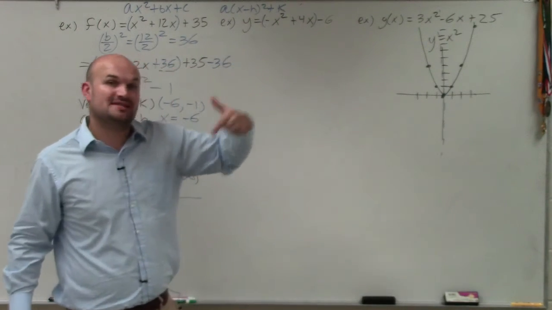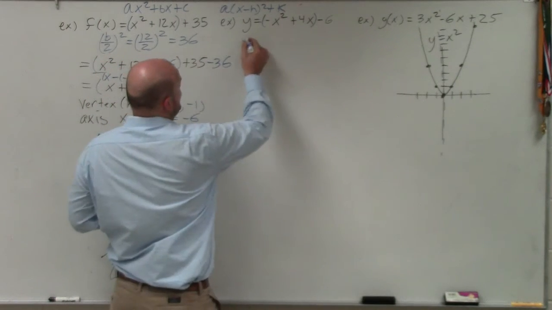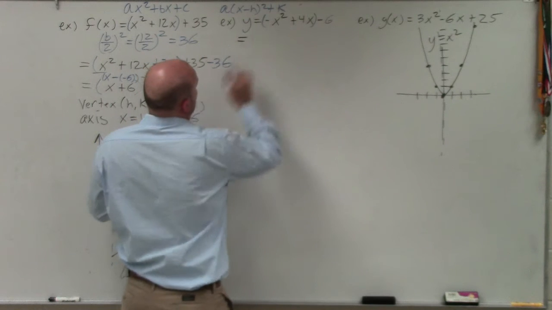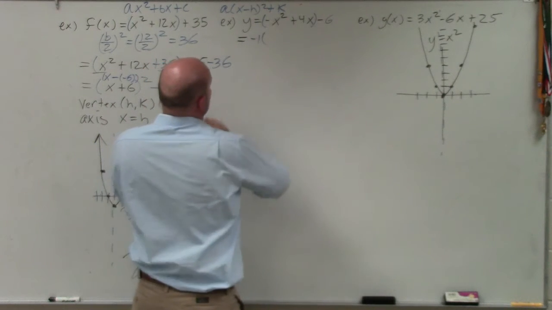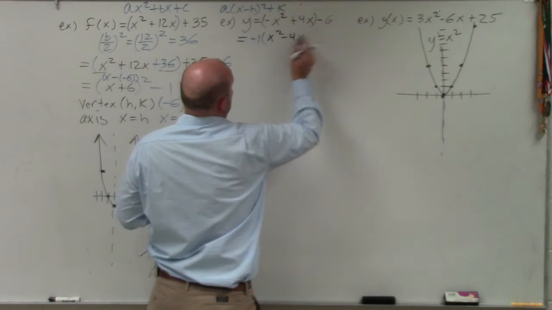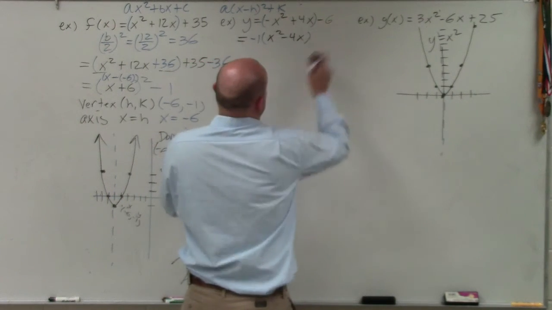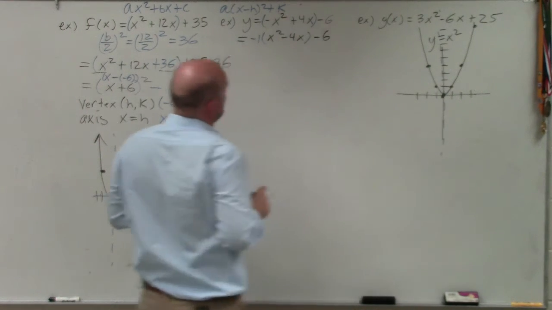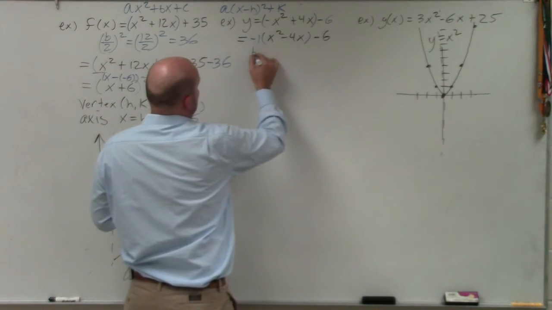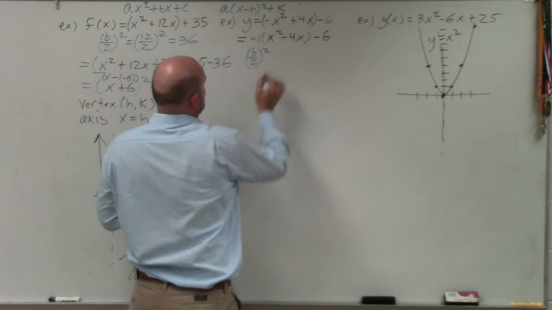My a is now equal to negative 1. So what I'm going to do in this case is factor out a negative 1. By factoring out a negative 1, I'm now left with x squared minus 4x minus 6. Now I go ahead and still do my b divided by 2 and square it.